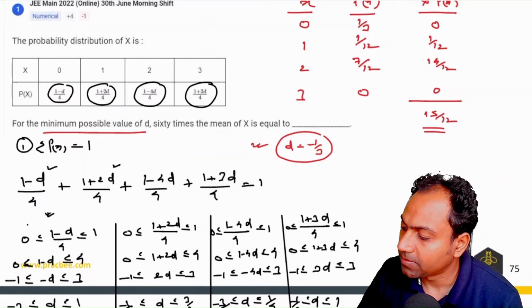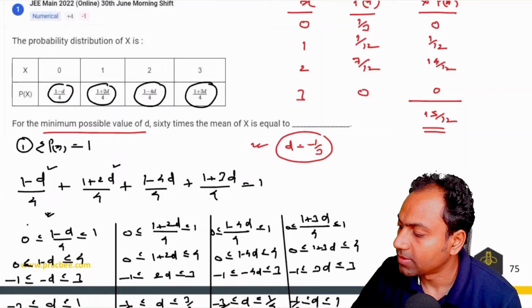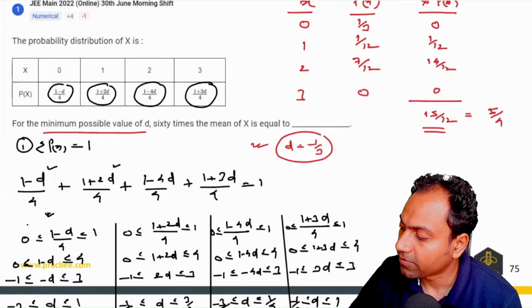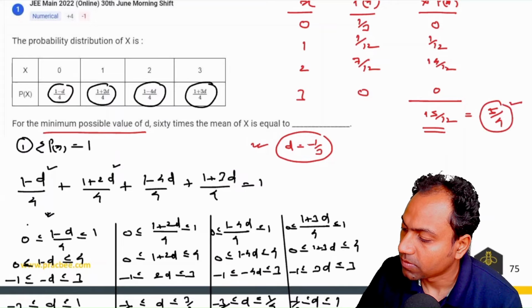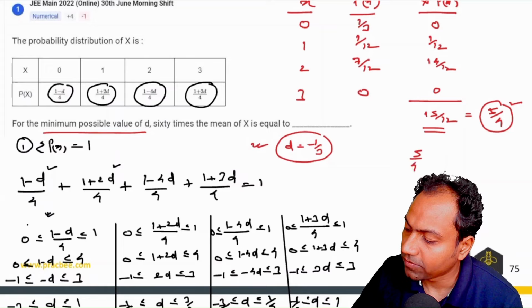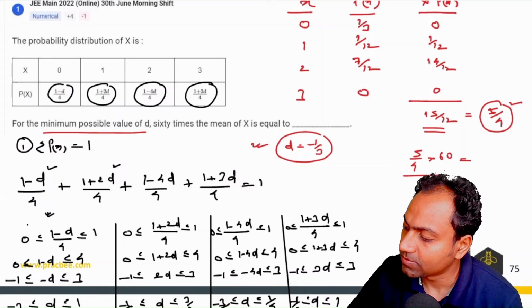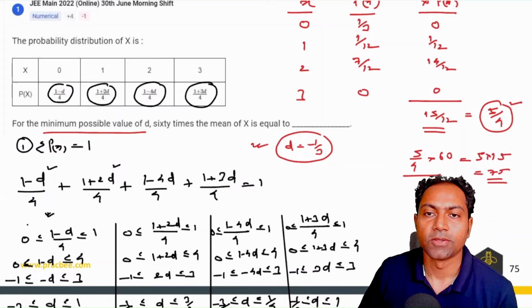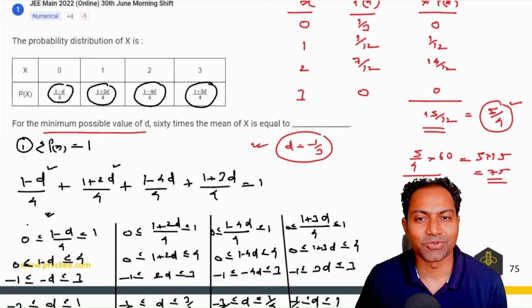And 15/12, if I divide by 3, becomes 5/4. Now what they're saying is this is not the answer. Take this 5/4 and multiply by 60. So this becomes 5 into 15, which is 75. So 75 becomes our answer to this question.